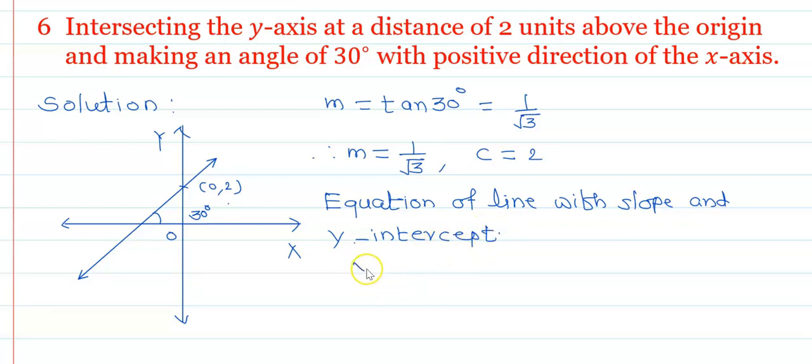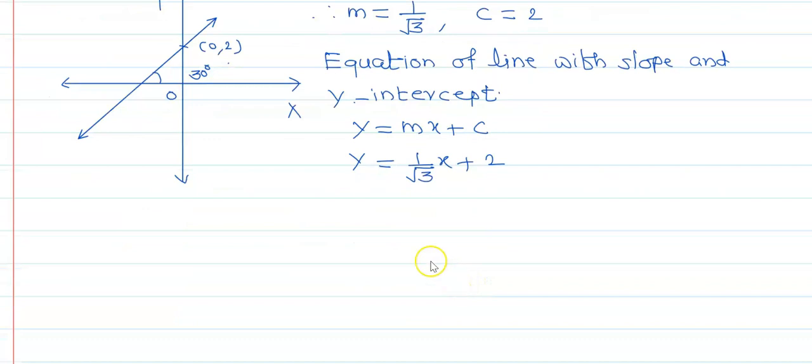Y-intercept, what is that? y = mx + c, and therefore the value of m is 1 upon root 3, x, and the value of c is 2. Now the simplification. Multiply on both sides by root 3.